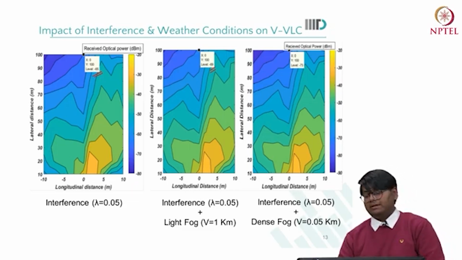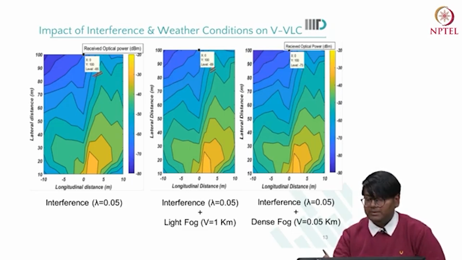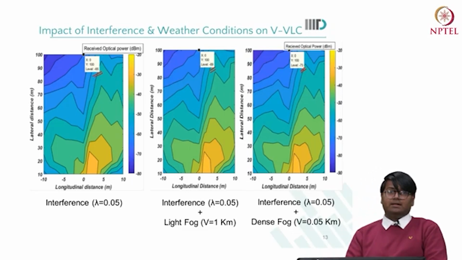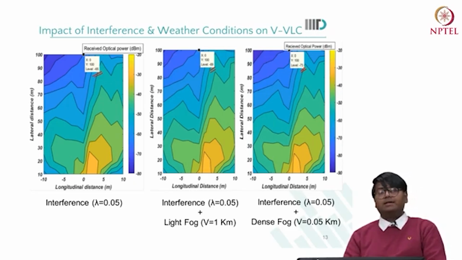And when we consider dense fog and interference on the radiation pattern of this vehicular VLC headlamp, then it drops to minus 73 dBm. So we can easily see the impact of fog conditions and interference on the headlamp radiation pattern.